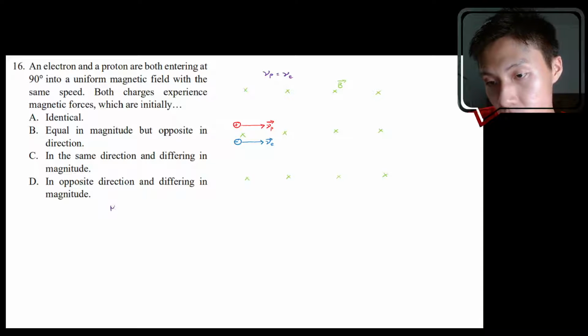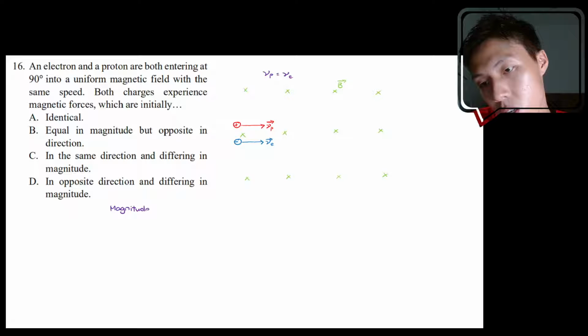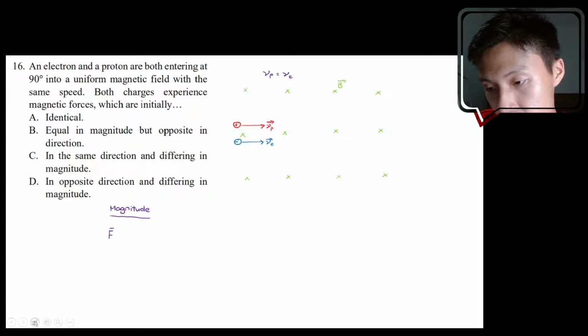So for the magnitude, you know that the magnitude of the magnetic force can be determined using |q|vB sin theta. You have to take the modulus of q because there can be positive or negative charge.